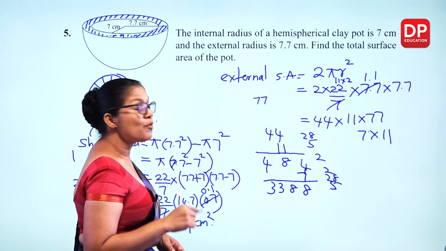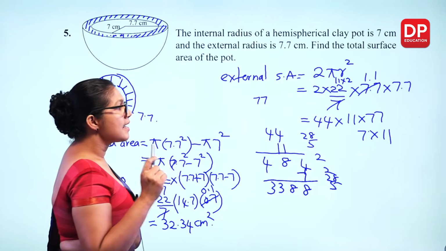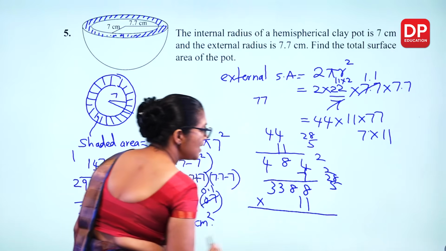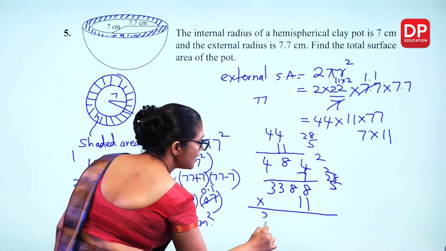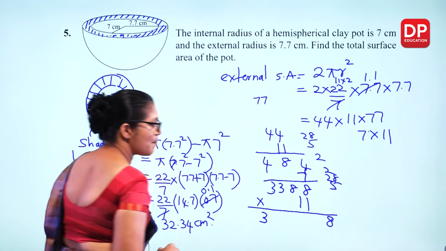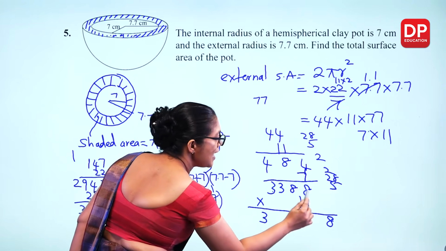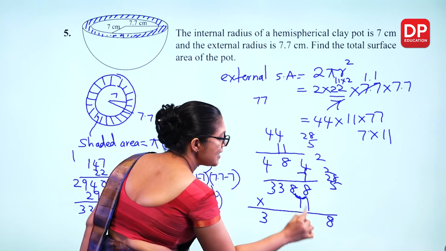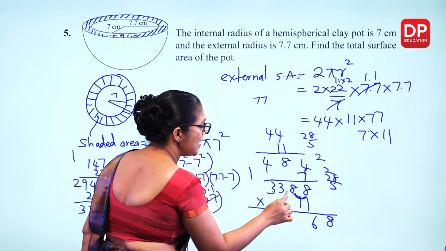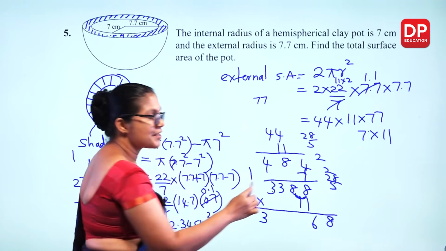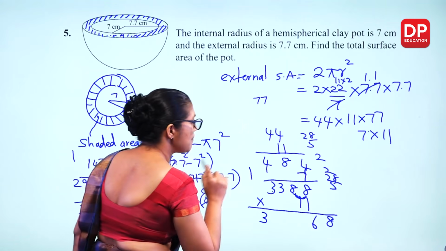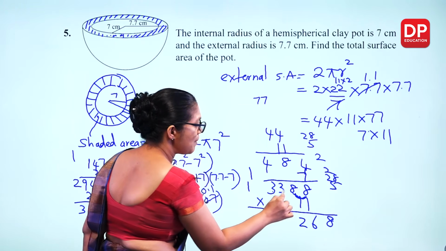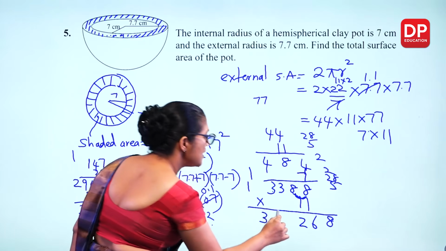Then what we have to do? We have to multiply this again by 11. So what's the short method? We take the first and the last digit separately, and then add the adjacent numbers together. 8 plus 8, 16, 1 remaining, and then 8 plus 3, 11, 11 plus 1, 12, 1 remaining, and then 3 plus 3, 6, 6 plus 1, 7.